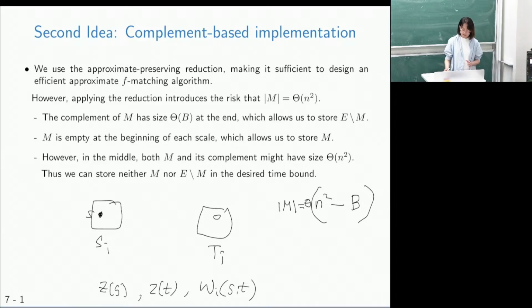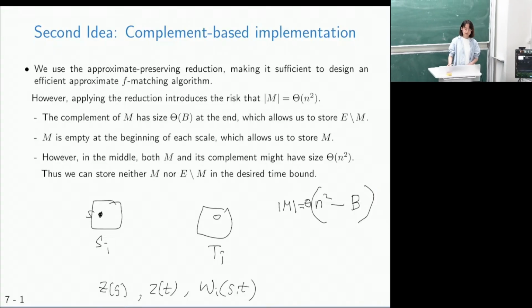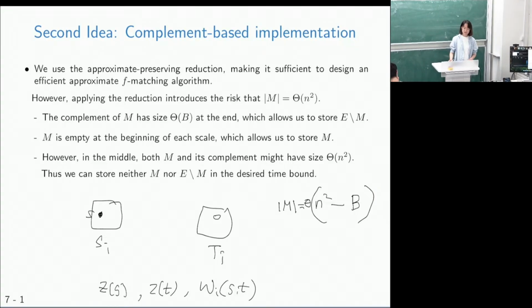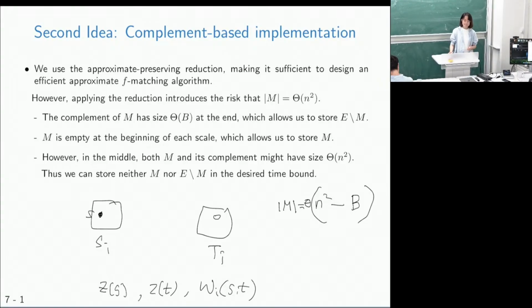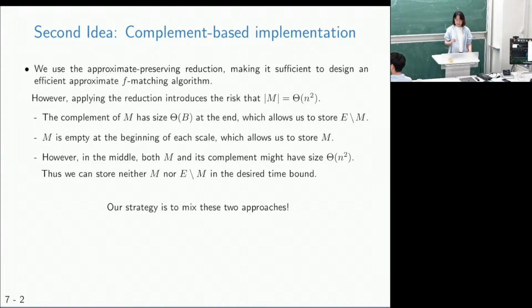So we can store neither M nor E minus M in the desired time. And to implement the graph algorithm, we need to represent M using order B space. And our approach is to mix these two approaches.